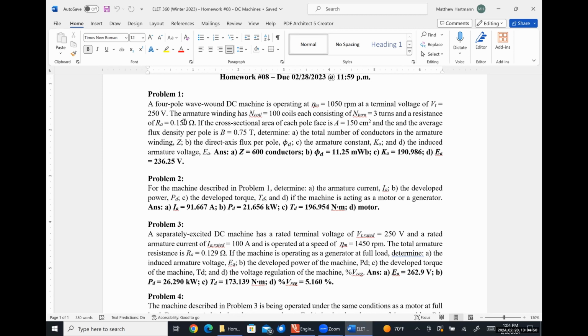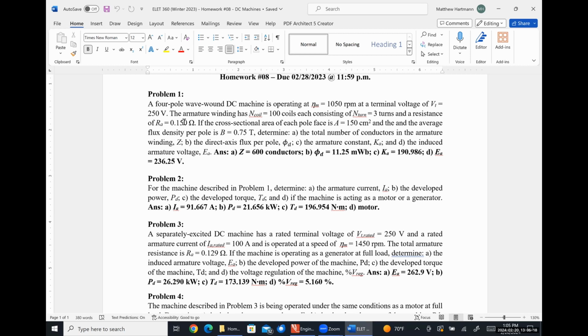The armature winding has that many coils and that many turns, a particular armature resistance. We're given the cross-sectional area of each pole face so that we can calculate the flux from that, blah, blah, blah. And then we're asked to determine the armature current, the developed power, the developed torque, and if the machine is acting as a motor or generator.